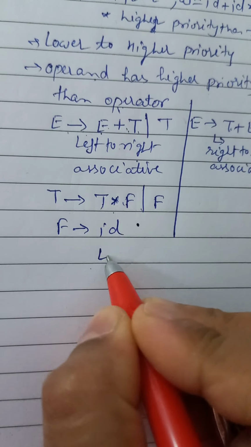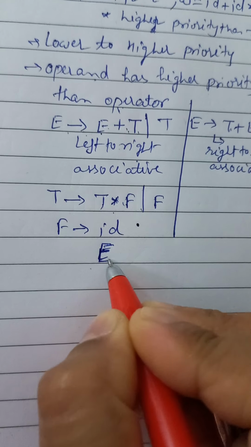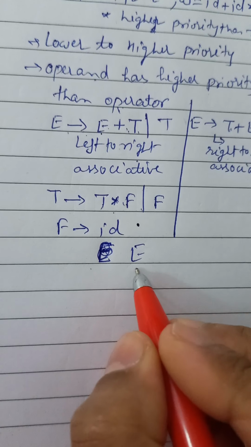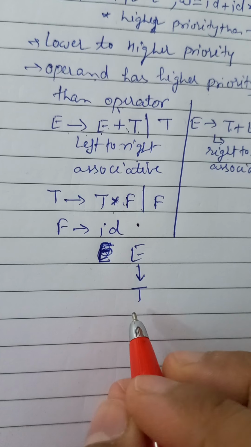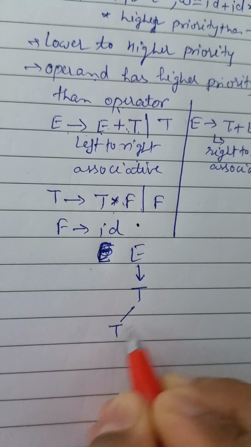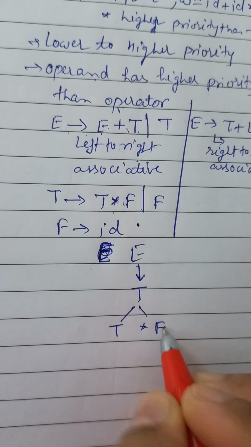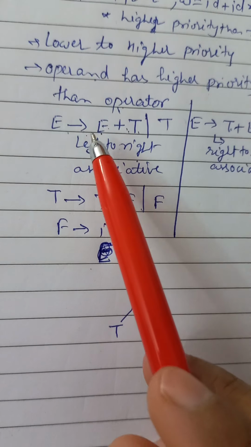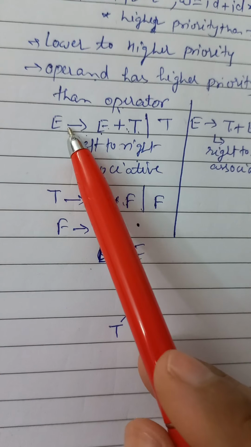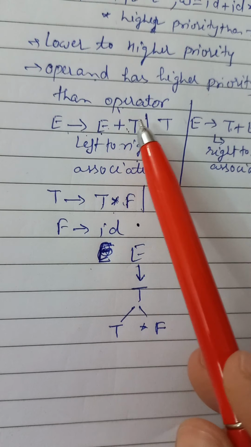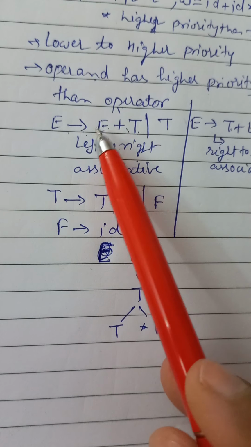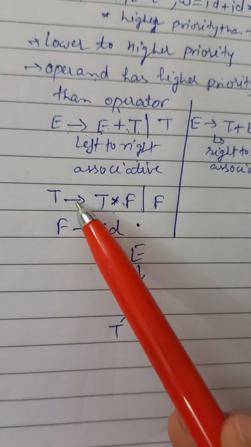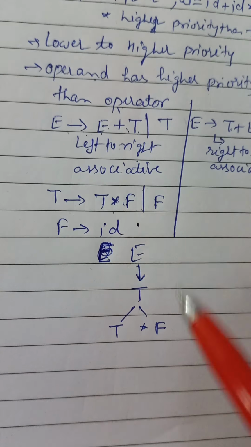Suppose we start with E, and we take T, and we take T star F. Starting from here with E, we take this production, because there are two productions for E, E plus T or T. So we can go to T, and now we can write T star F here.